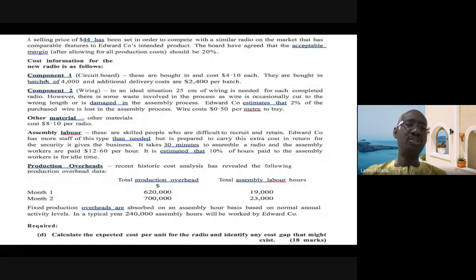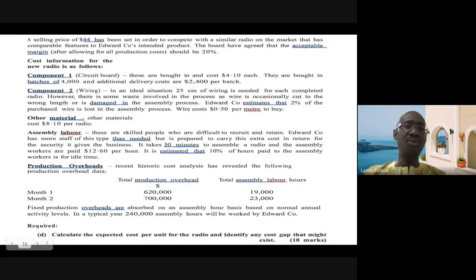So you could mention that Edwards Company Limited should look at the specification of these three materials and ensure that it meets the standard specification. If it goes beyond the standard specification, they should reduce that. By reducing their component count, of course, they are going to save cost, isn't it?